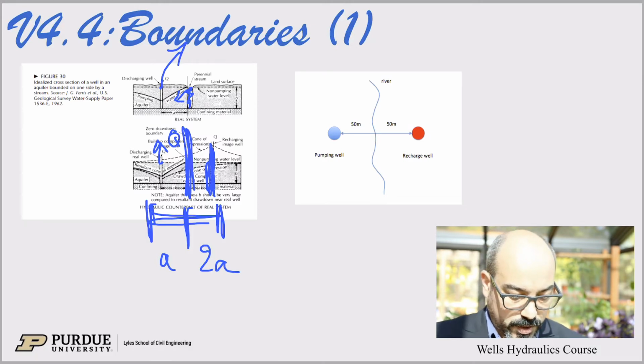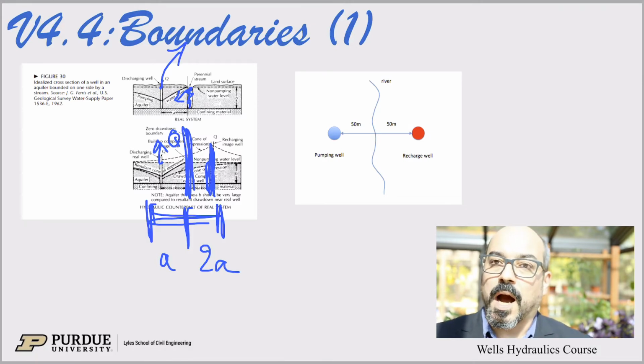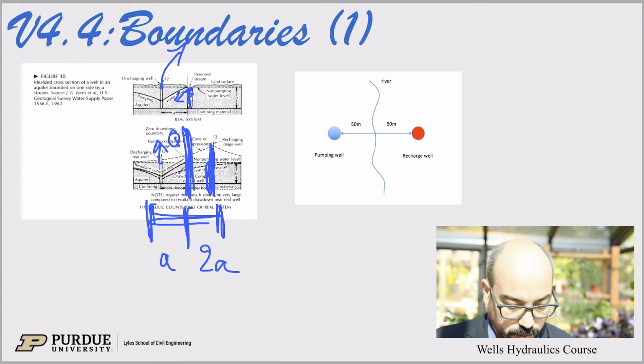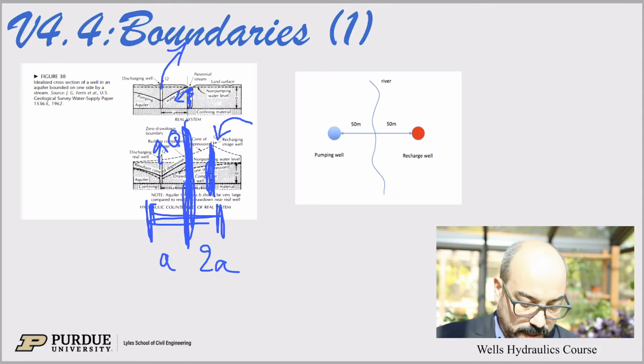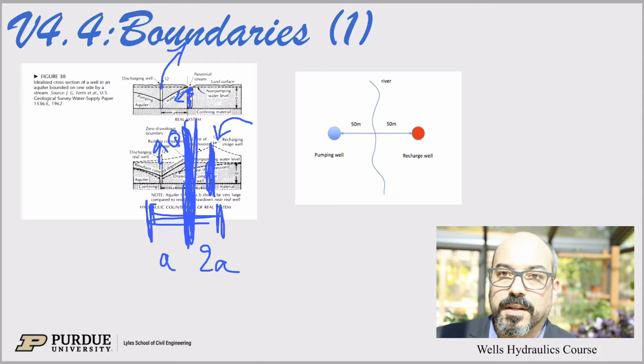And of course, this well needs to compensate for our well. So this one would be a recharging well, meaning we're putting water into the aquifer to compensate for that pumping. What we want is that at the boundary, the effect of our well is not felt anymore because we have that constant head, recharge boundary.